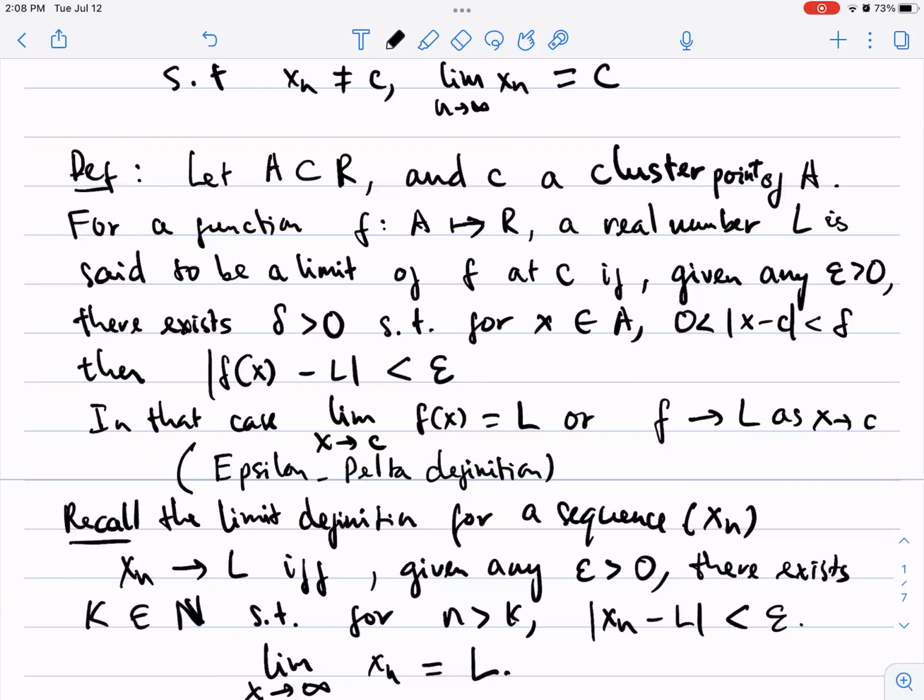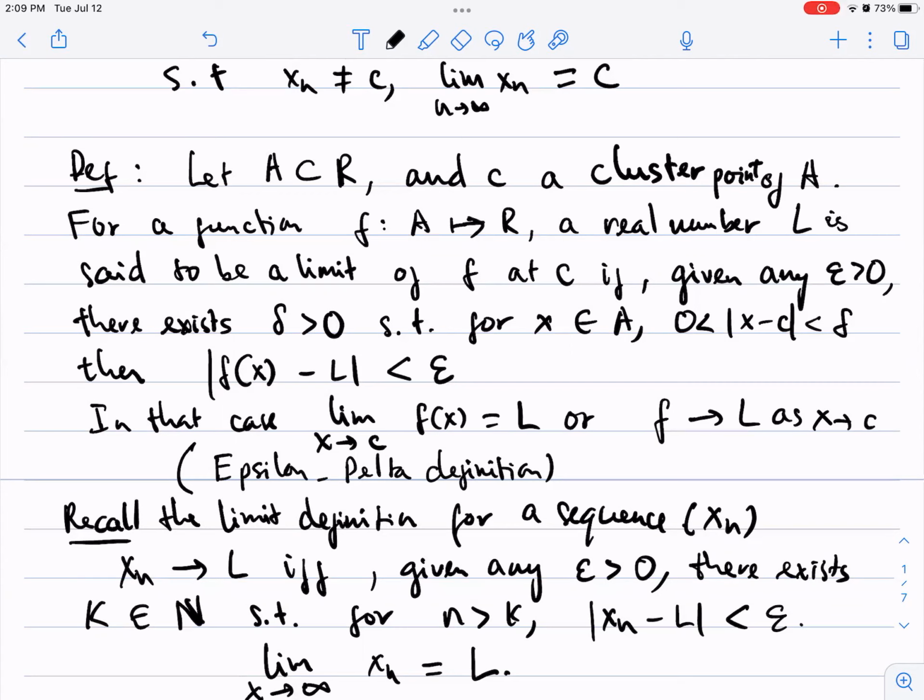In that case, we say that the limit of f(x) equals L when x approaches c, or f approaches L as x approaches c. This is called the epsilon-delta definition.